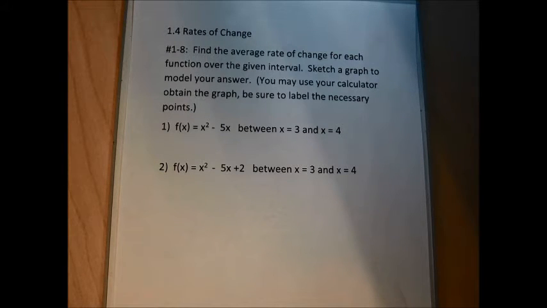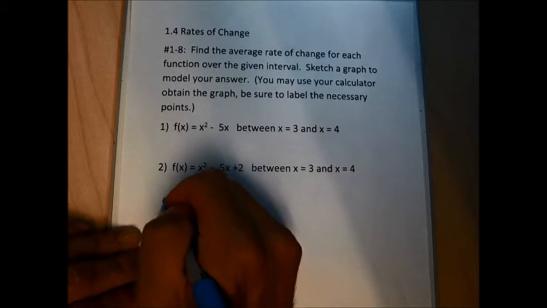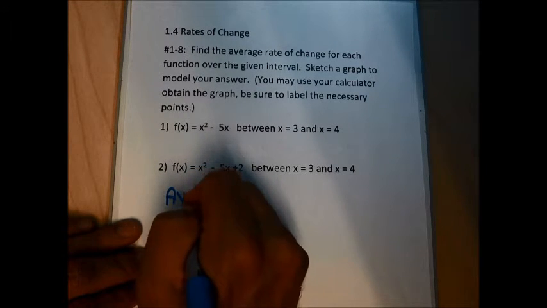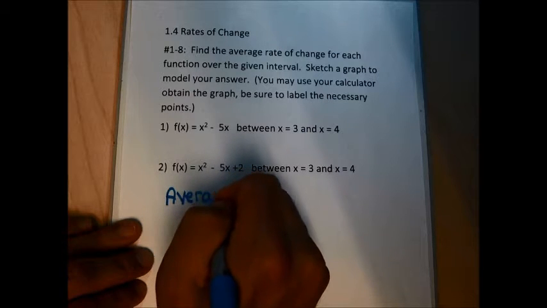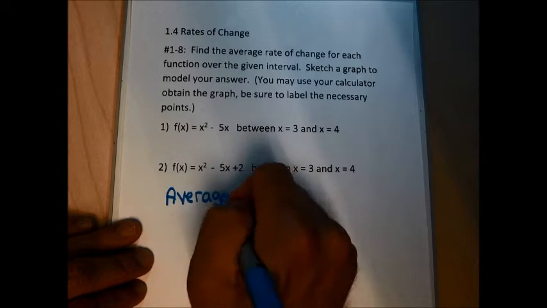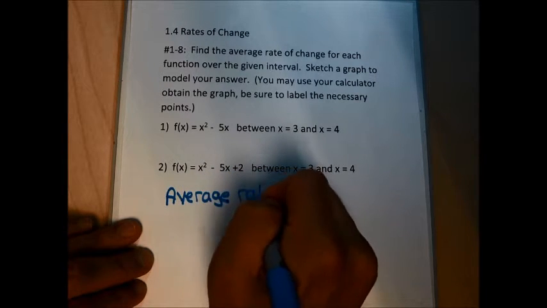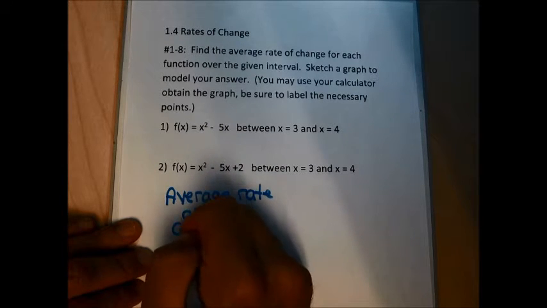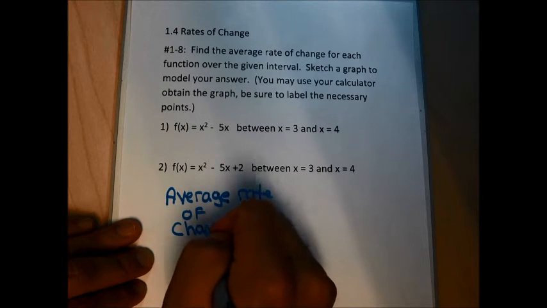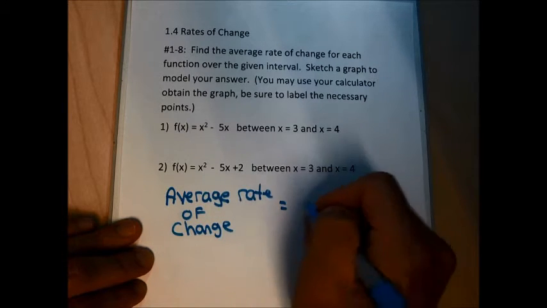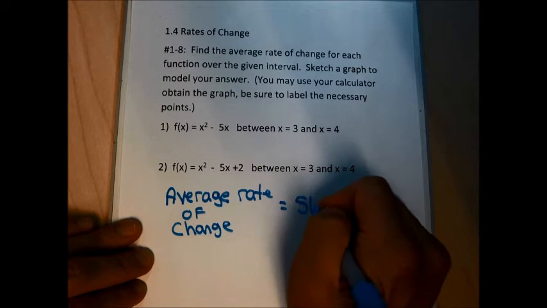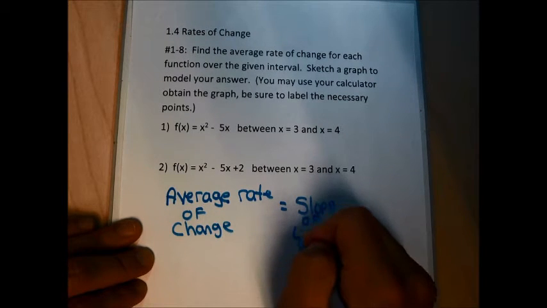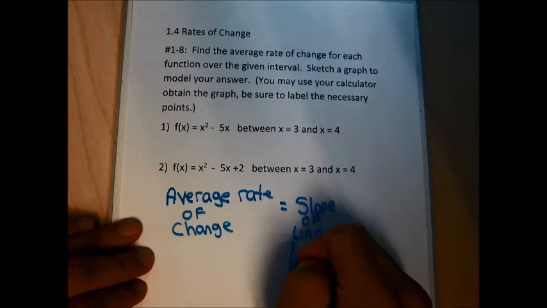So the average rate of change is simply the slope of a line that connects 2 points. So for each of the problems between 1 and 8, since I'm asked to find the average rate of change, I need to know that that's the same thing as the slope of a line that connects 2 points.